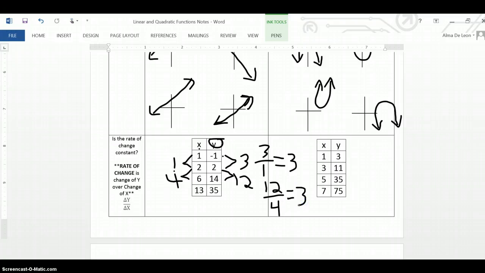And we can already see that our rate of change is the same. It is constant. So something that is important whenever you're looking at a linear function is that the rate of change is constant, meaning it is the same. And in this problem, we can see that's the case.